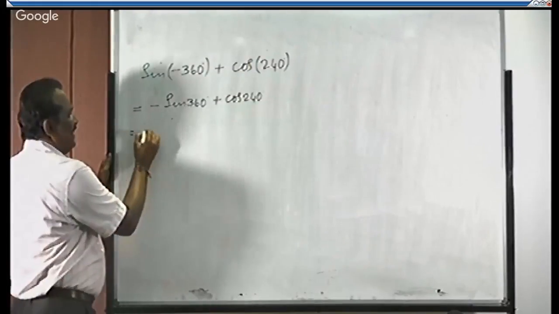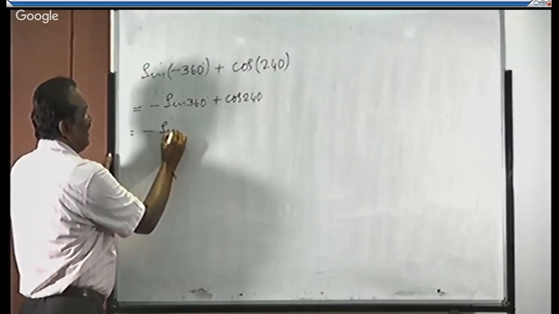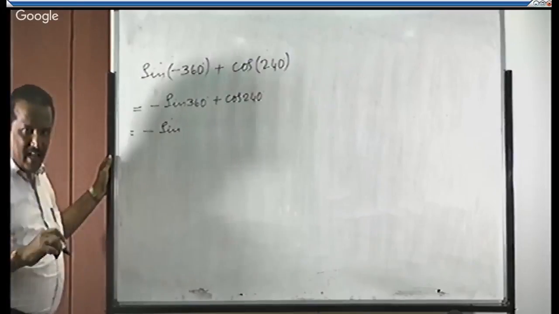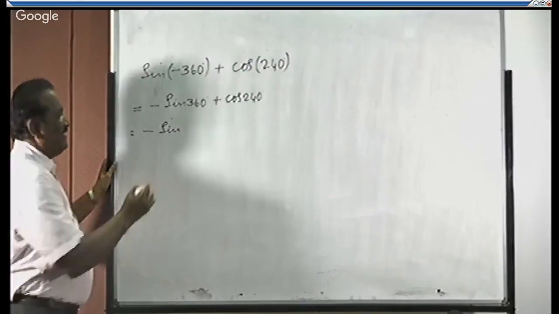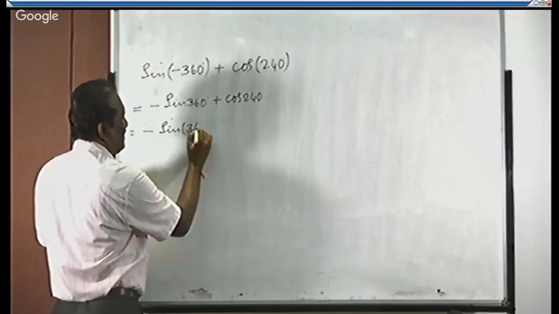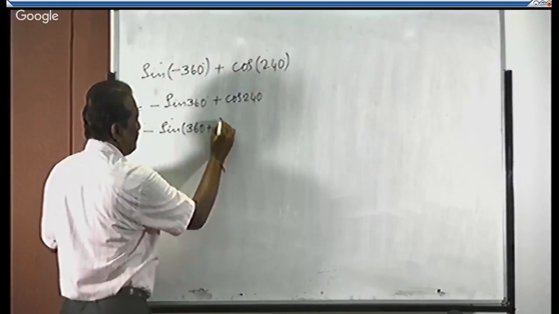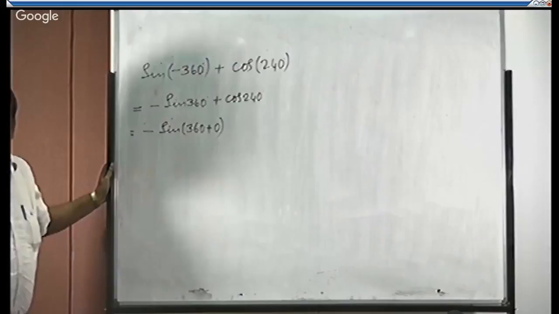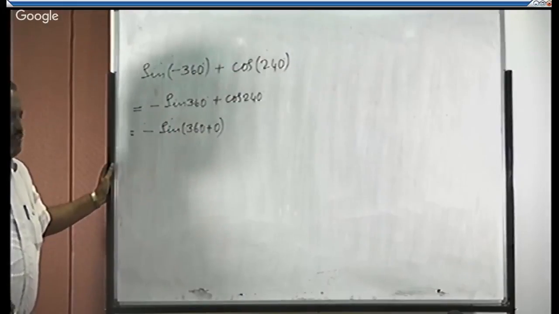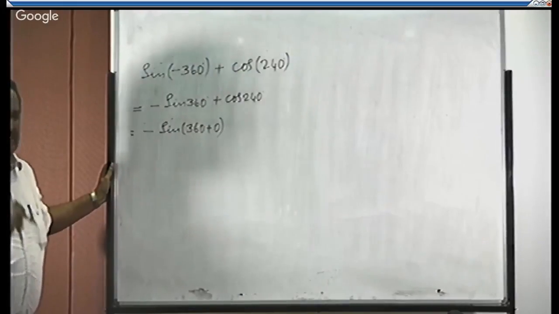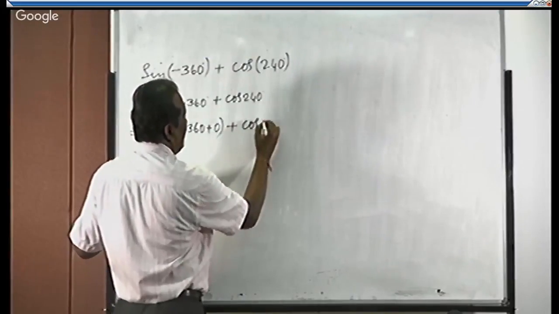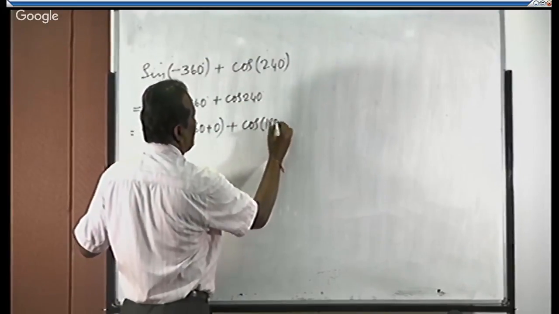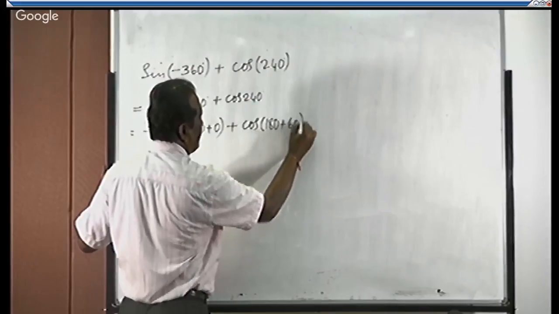Now, minus, you can rewrite 360 degree as 360 plus 0. When we add 0 degree to 360 degree, the answer will not alter, it will be only 360. Then cos of 240, I just write it as 180 plus 60.